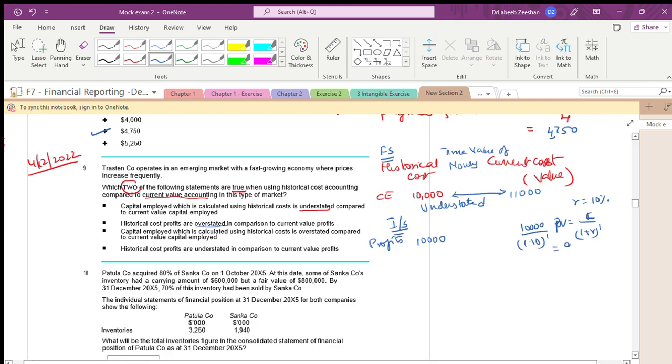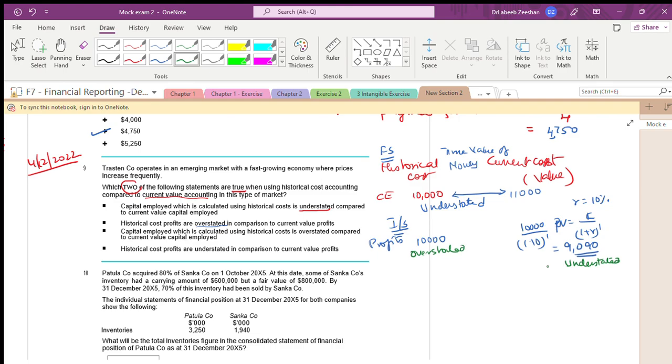It comes to how much? 9,090. Now if you take this into consideration, this is understated and this is overstated. Whereas here, this is overstated and this is understated.